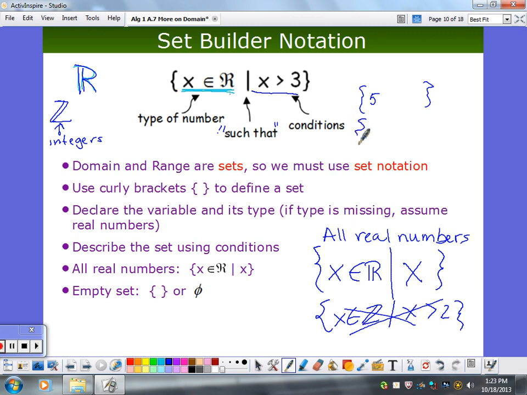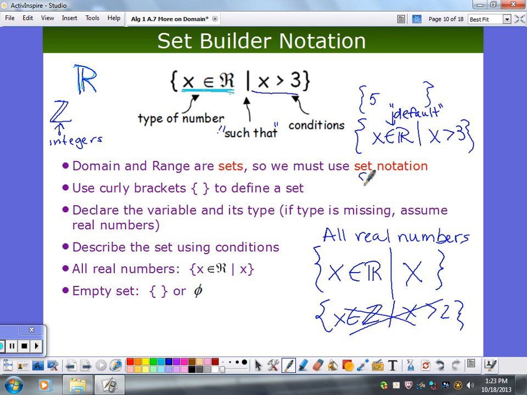Now this little piece here, let me write one a little more typical. We've got that one up there. This is the set of all real numbers bigger than 3. That's what that says. This piece here is the default. It's the default number set that we're using. So what does that mean?